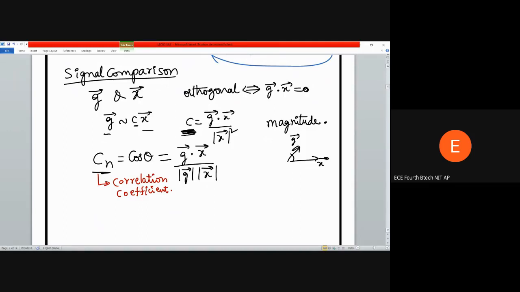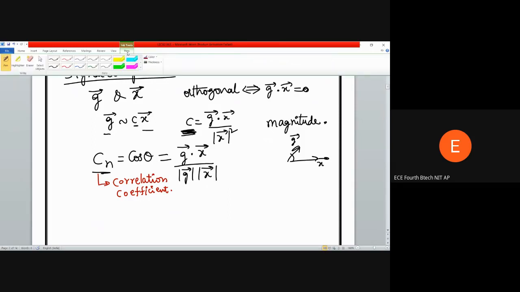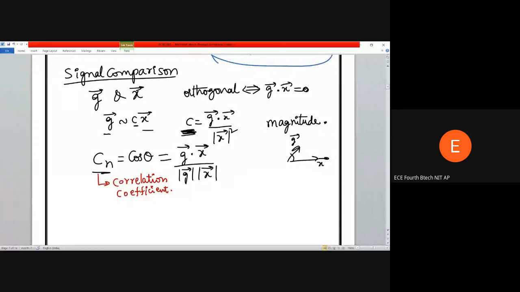So from this equation you can say that Cn has values between -1 and +1, and is independent of the magnitude of the vectors. Now we are going to use this to identify whether these two vectors are similar or not.